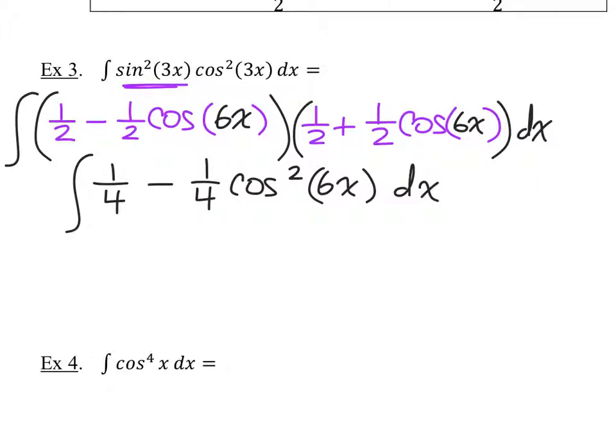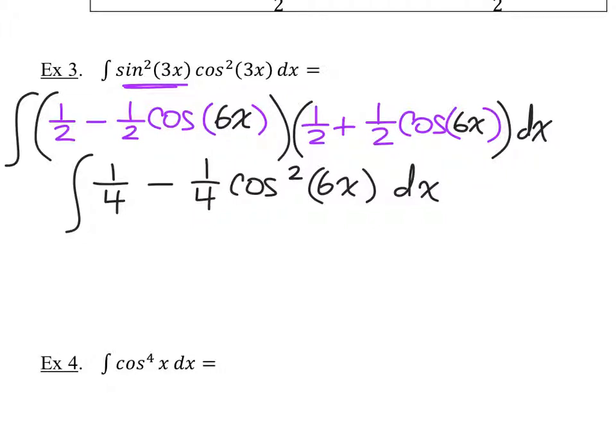The degree of an expression is related to the highest power that makes it up. When you multiply the two factors together, you add the exponents, and you get a power of 4. But here I'm getting a power of 2. So I just reduced the power by a factor of 2, which is great.